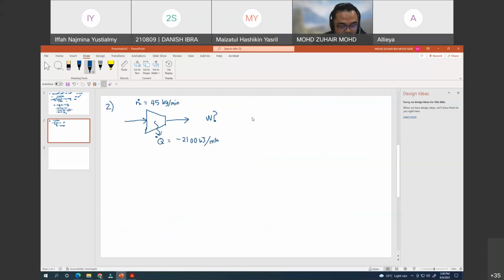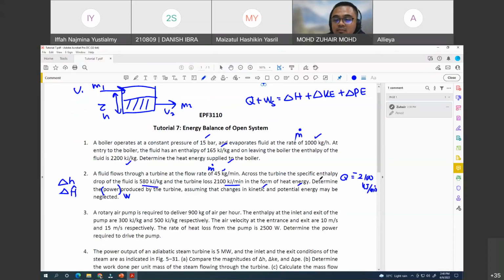Another one is the change of the specific enthalpy, or the change of H, which is equal to negative because it's a loss, a drop. Bila drop tu maknanya the H2 is smaller than H1.